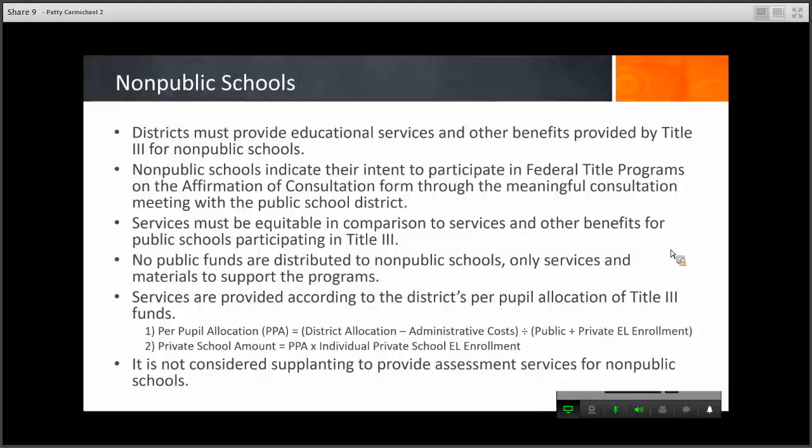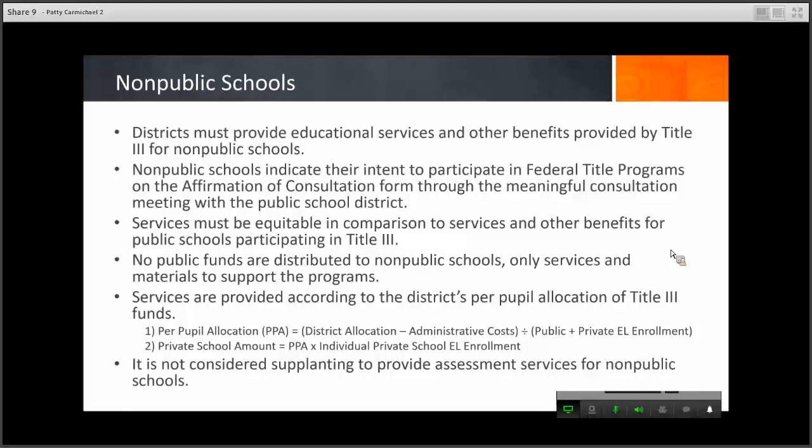That affirmation form is completed through a meeting, which is called a meaningful consultation meeting with the public school. So the non-public school and the public school administrators get together and discuss their federal programs, and the non-public school will let the public school know which federal programs they're interested in participating.